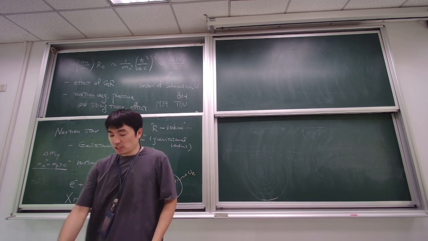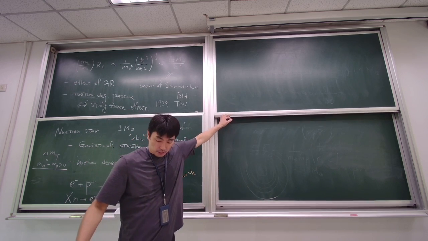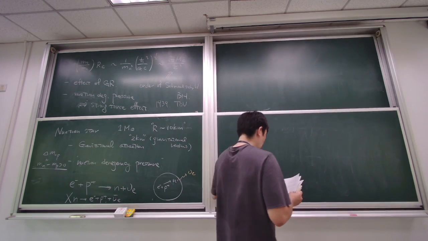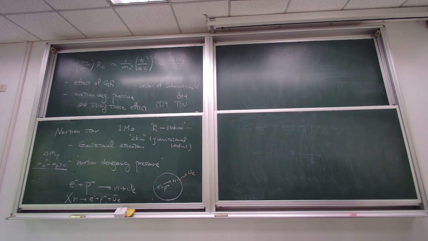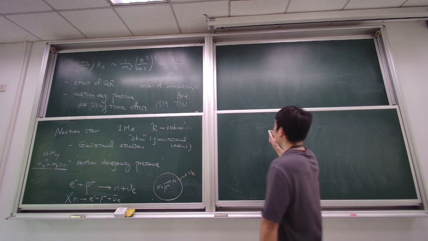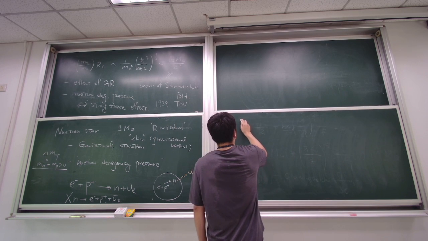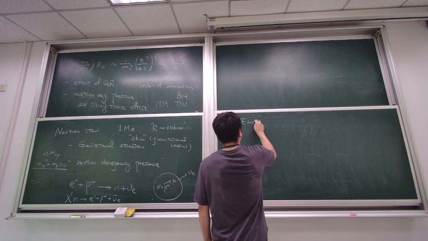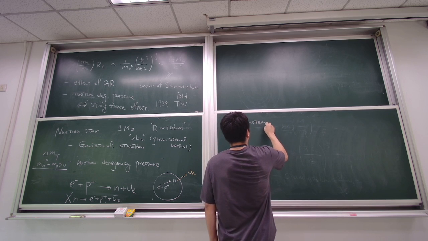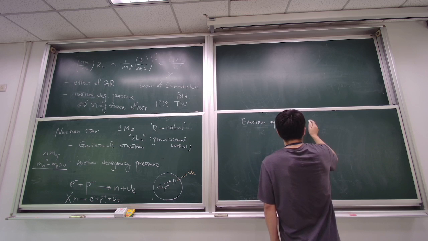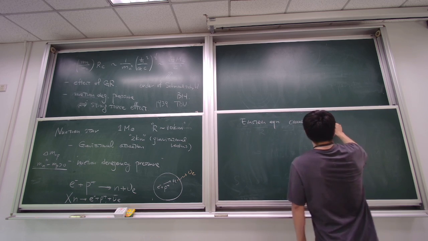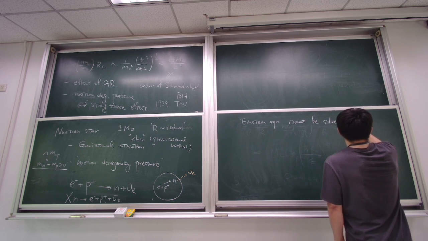Let's assume everything is in the ideal situation. The important thing is the Einstein equation. Once you try to solve the Einstein equation, in most cases it cannot be solved exactly.